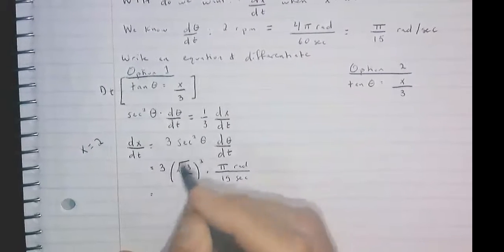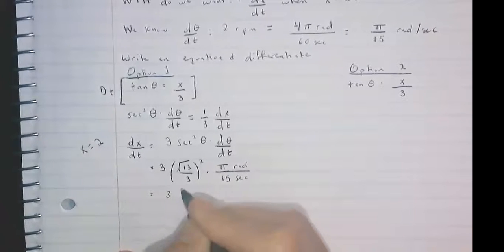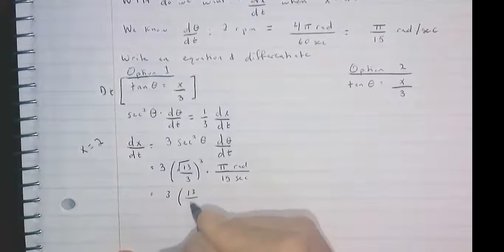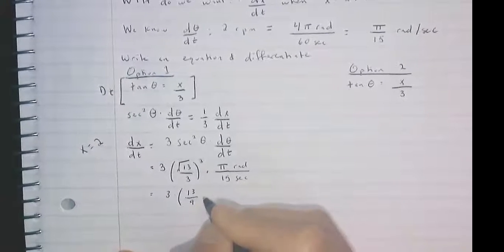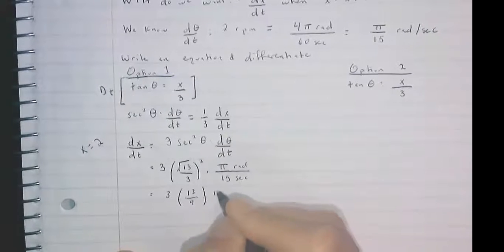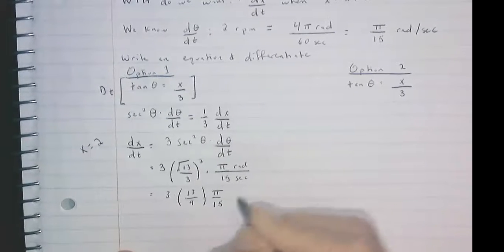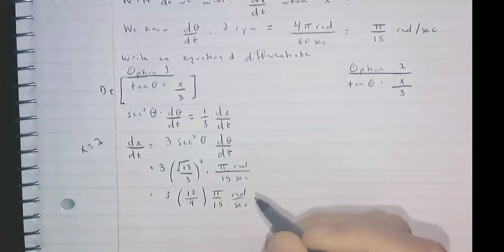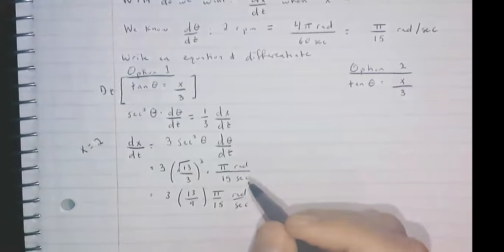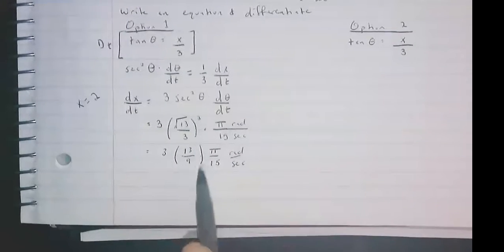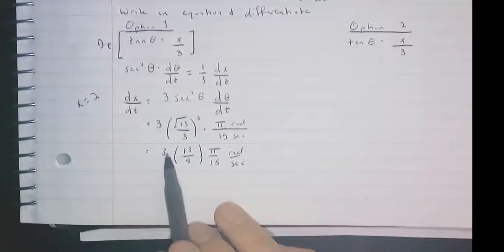Now we simplify. So we get 3 times 13 ninths pi over 15 radians a second. And then how do we want to simplify this?